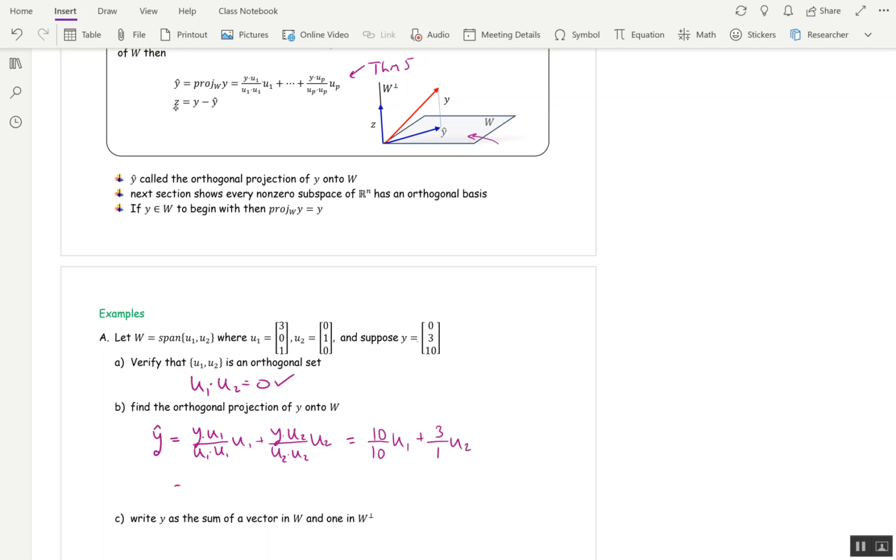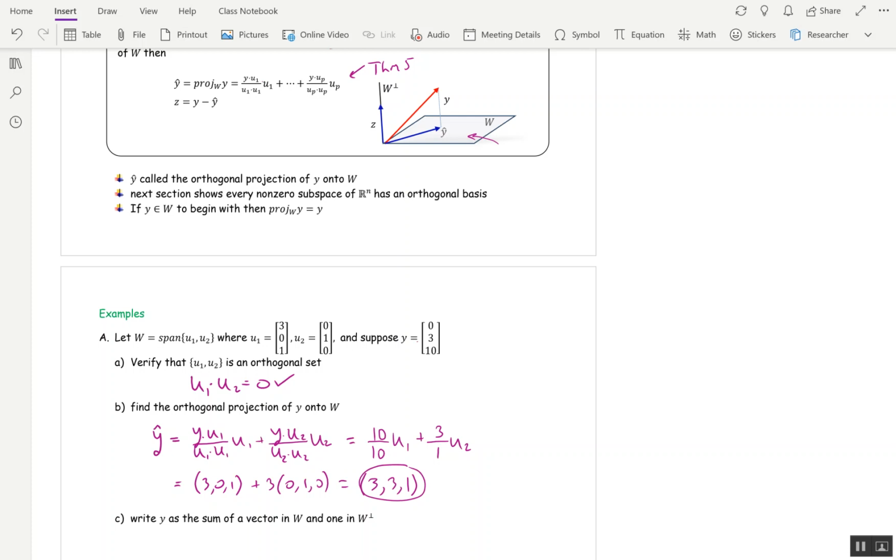So I'm going to want U1, which now I'm switching to linear format, 3, 0, 1, plus 3 times U2, which is 0, 1, 0. So we add those two vectors together and we get 3, 3, 1. That's the orthogonal projection of Y onto W.